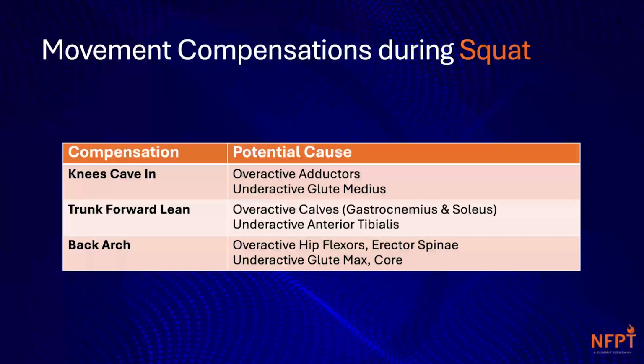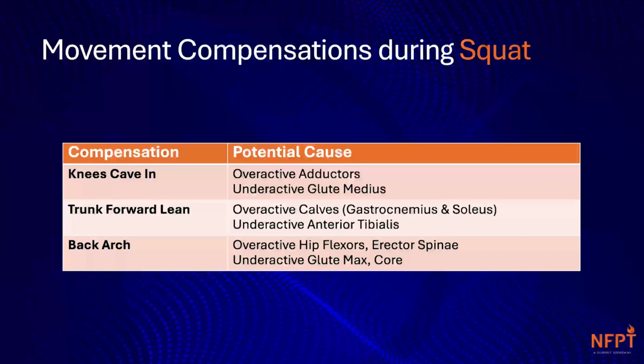So remember, when you're identifying overactive muscles, the body moves in the direction of those overactive muscles. So in this case, if the knees are moving inward, we know we've probably got some overactive adductors or inner thighs. And then on the opposite side, we've got an underactive glute medius, because that glute medius is supposed to be performing hip abduction. And that is why it would be considered underactive in this instance.